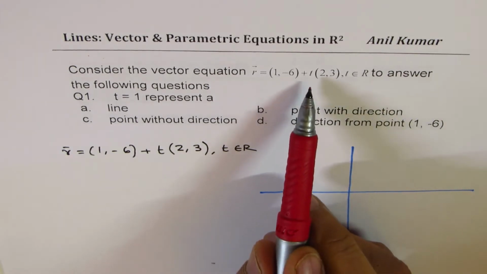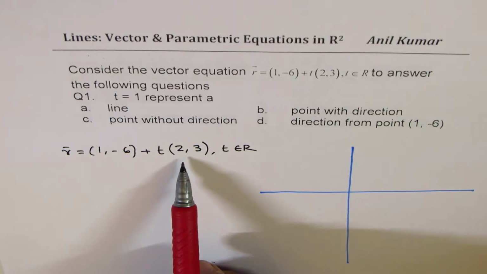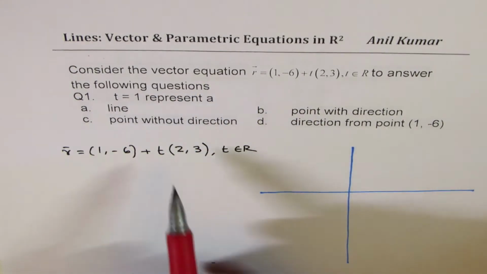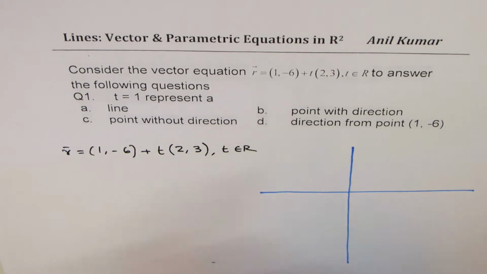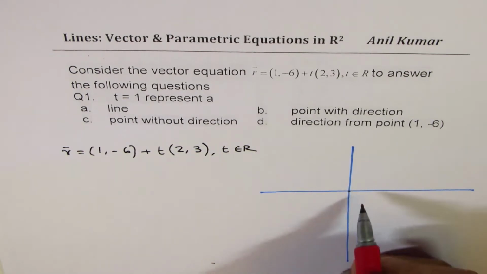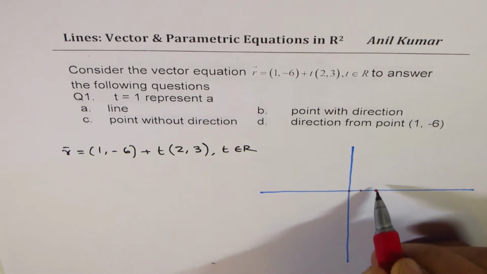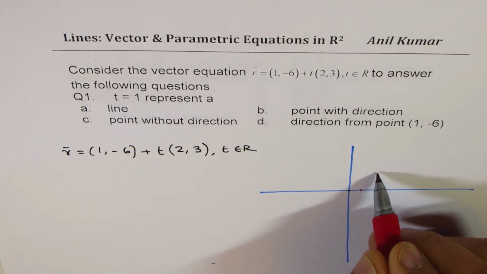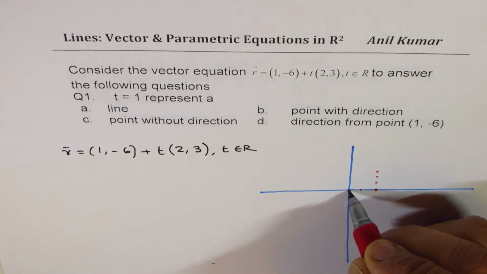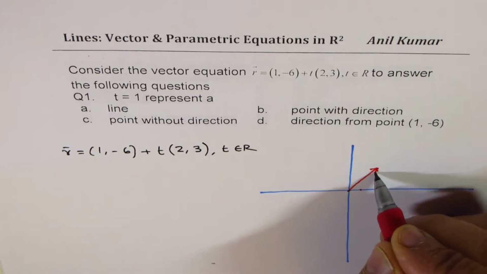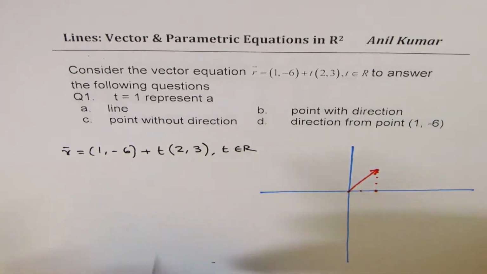We're trying to say that the direction of this line, which is represented by the vector equation, is (2, 3). That means from origin we can go 1, 2 units along the x and 1, 2, 3 units along the y. So somewhere like this, that becomes the direction, and we are also given that it passes through a point.